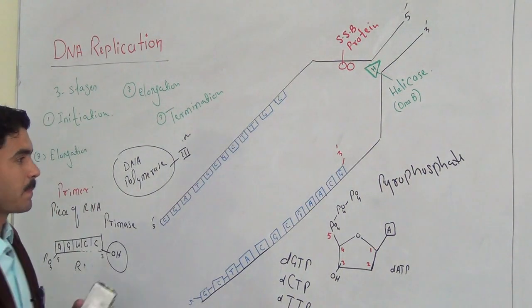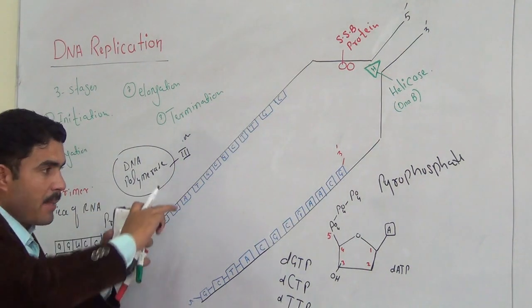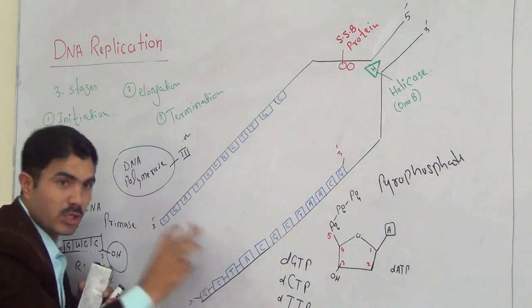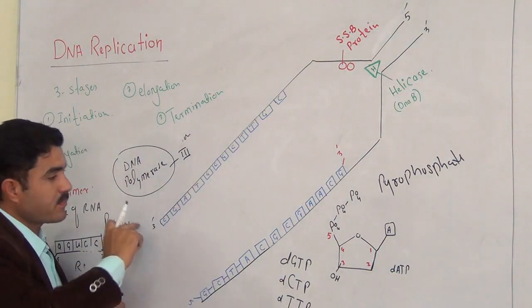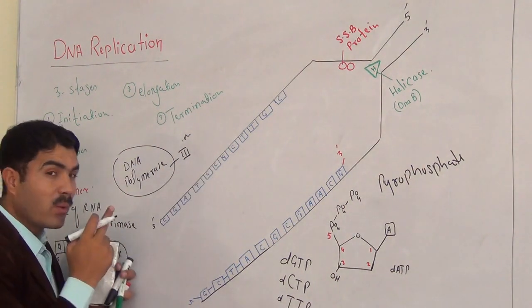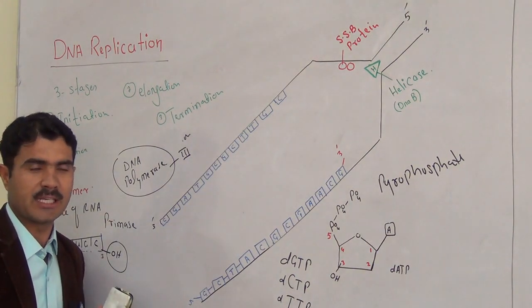One thing more, the DNA polymerase 3 enzyme occupies the whole place, both the 2 strands, and at the same time the 2 strands are being synthesized by 1 DNA polymerase 3, not by different DNA polymerases.